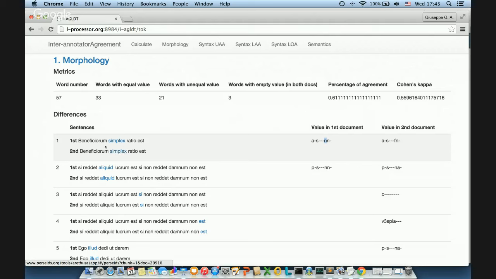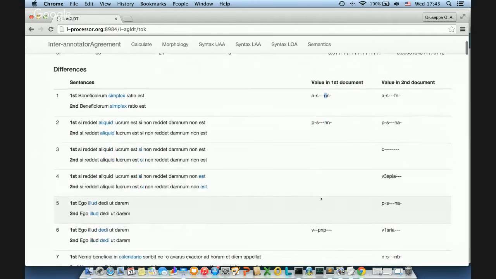The tool allows you to compare and immediately see that there is basically a mistake in the first annotation.